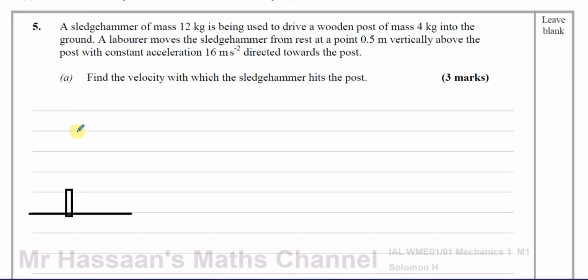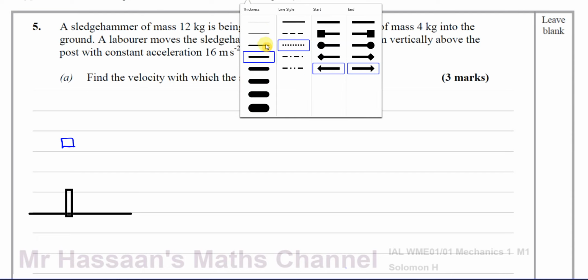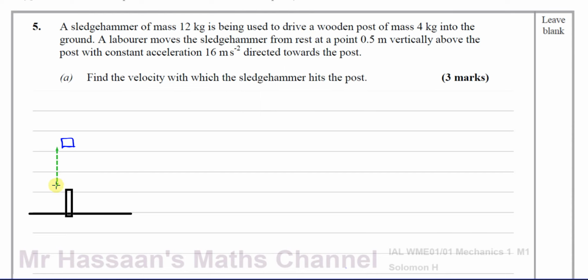Say the guy who's hitting the post raises the sledgehammer a certain height above the post, and they're telling us that height is 0.5 meters. So that's how high he starts above the post. The sledgehammer is coming from there, and it's going to hit the post, right?